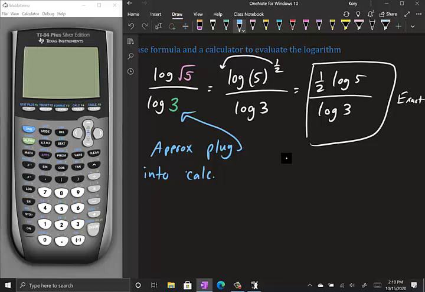You can do it alpha y equals enter or piece by piece. I'm just going to do it piece by piece. So we have log square root of 5, enter, divided by log 3. And we get our answer. So the approximate answer is 0.73.